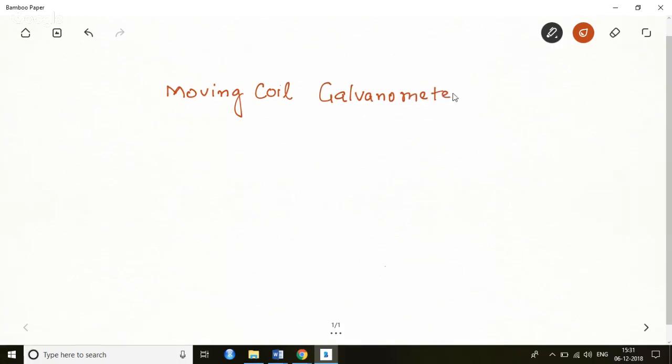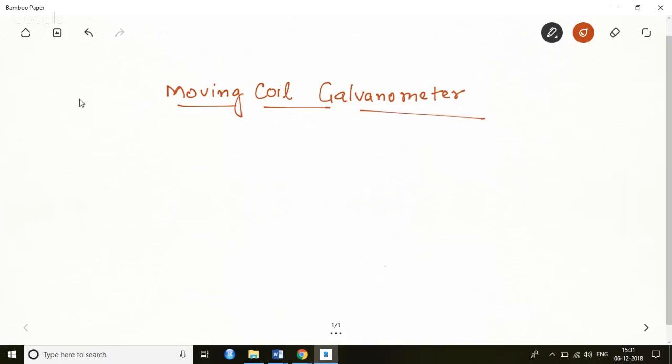So the first concept that I'll be taking up today is moving coil galvanometer. What is a moving coil galvanometer? Why is it used? What is the usage of it?